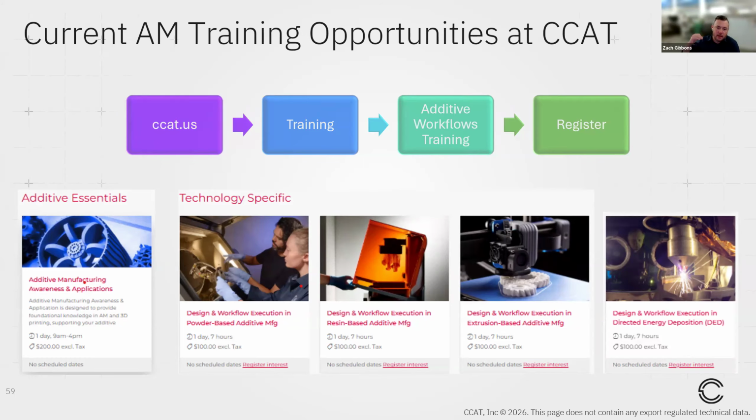This is a one-day, full day long, high-level overview of the entirety of additive, what the processes are, what design for the process looks like, how and why it is being applied. We also have 4 technology-specific classes set up today, focused on polymer powder bed additive, resin printing, extrusion printing, as well as directed energy deposition in metal.